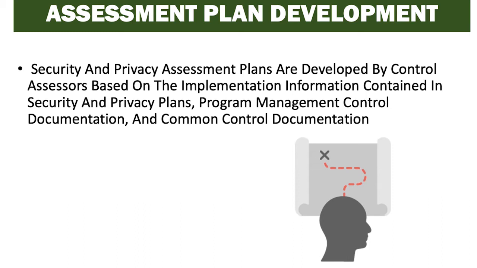So when the control assessor starts to develop their assessment plan, they'll use these documents as references to determine what controls have been implemented, how they've been implemented, and then determine the best ways to assess those controls to determine if they're functioning correctly, providing the correct level of security protection, and providing the correct output as required, if that's applicable.